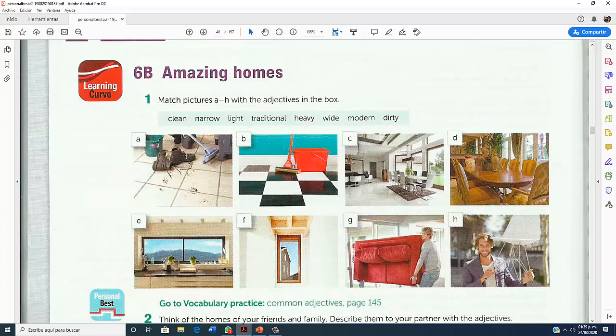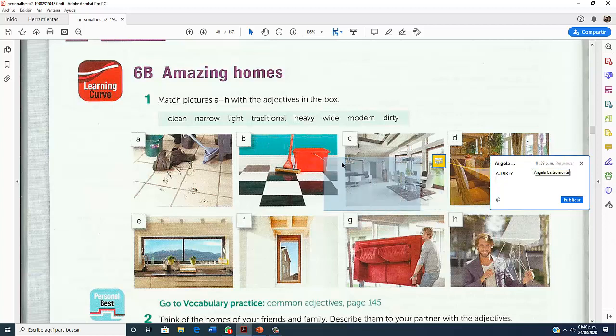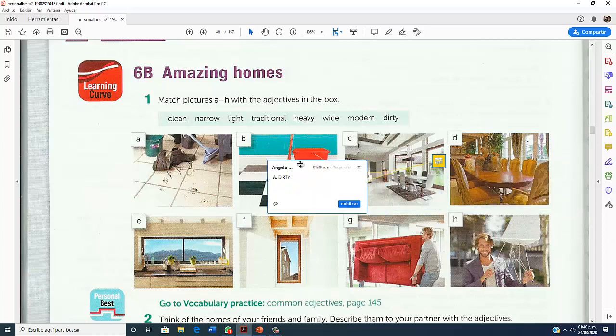Okay, let's start with letter A. Look at those shoes. They are not clean, so we can say that those shoes are dirty. Dirty here, they are dirty. The opposite of clean, no? They are not clean, they are dirty.